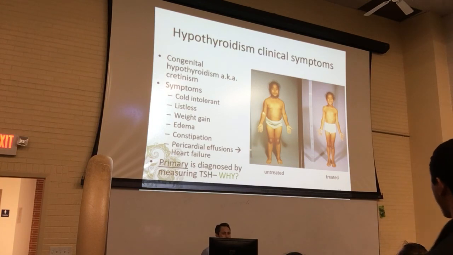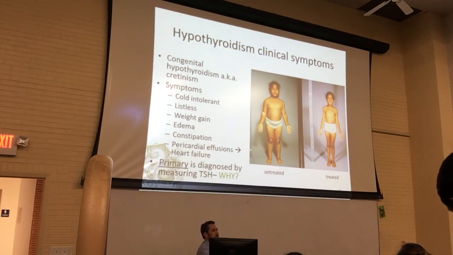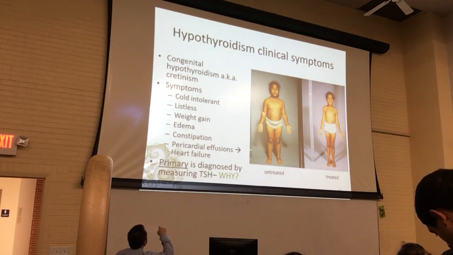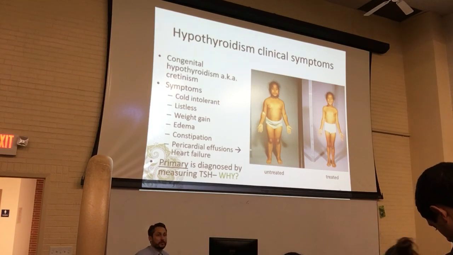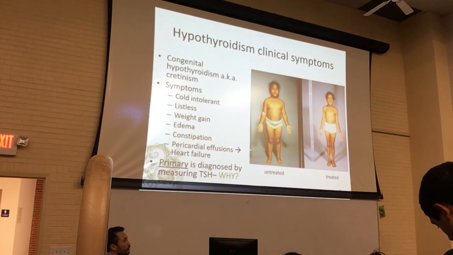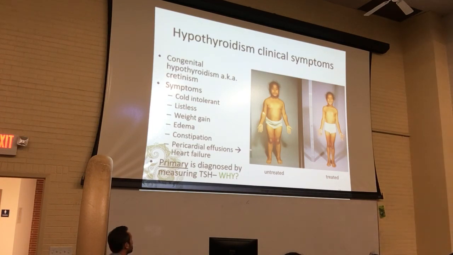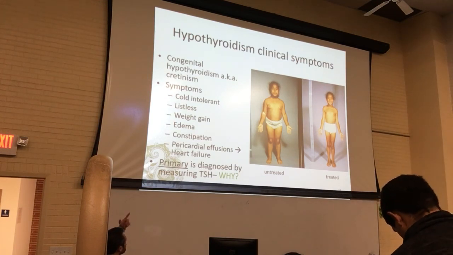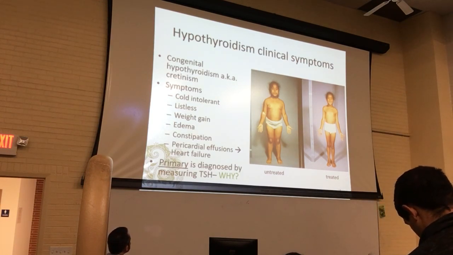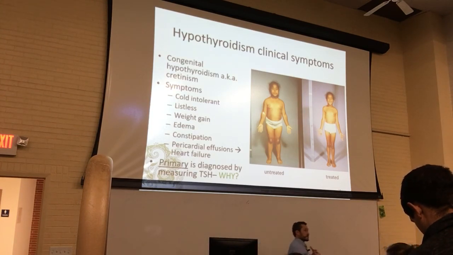So she's going to have the symptoms that are listed here, where she's going to have weight gain. She's going to be very low energy or listless. Cold intolerant. She's going to be cold to the touch. Her body's not going to be able to thermoregulate very well. Constipation, fluid in the tissues. There could be a lot of pericardial effusions. That's fluid around the heart because there's a lot of edema that's not making it back into the bloodstream.